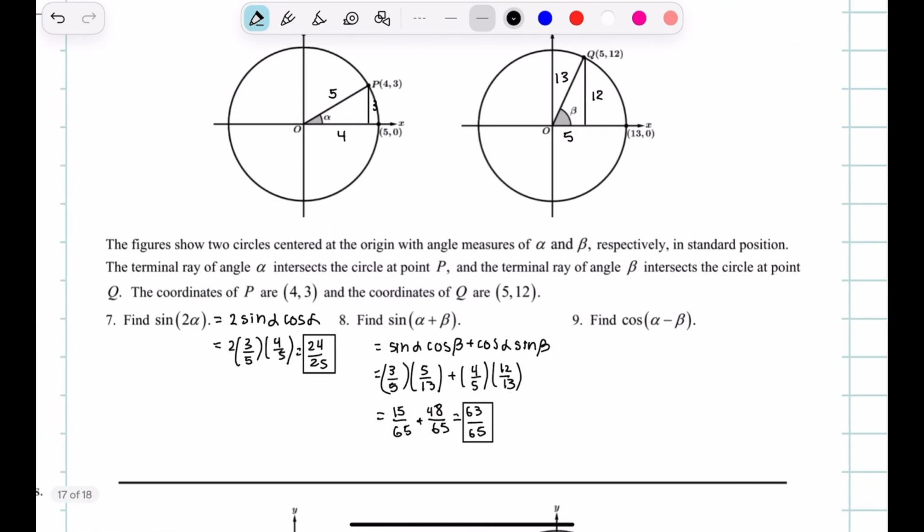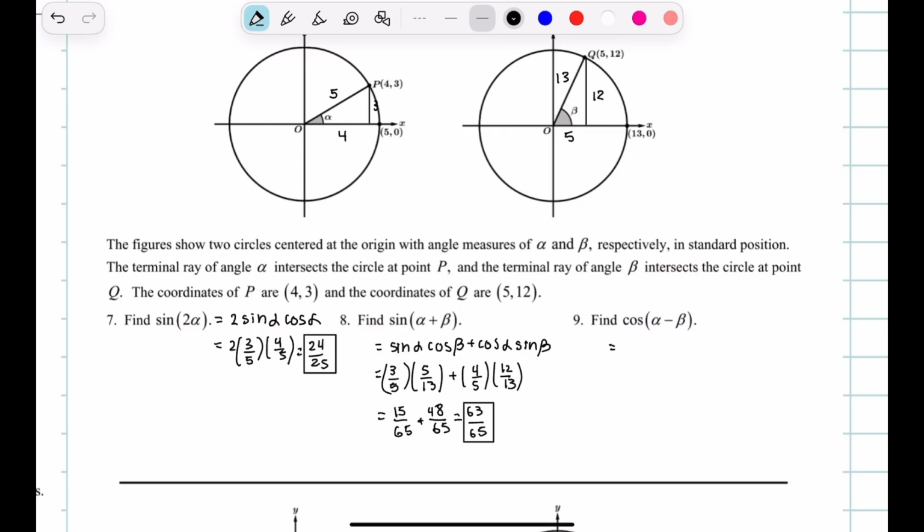So cosine of alpha minus beta is going to be equal to cosine alpha times cosine of beta plus sine of alpha times sine of beta. So this is going to be equal to 4 over 5 times 5 over 13 plus 3 over 5 times 12 over 13.